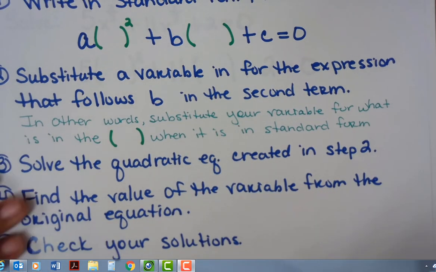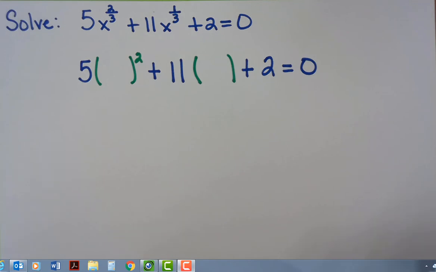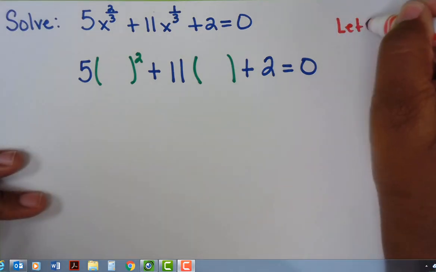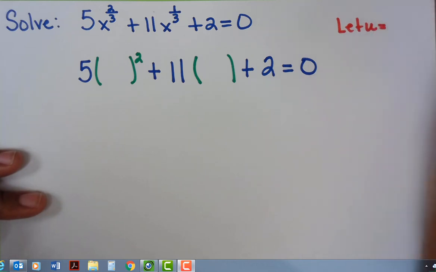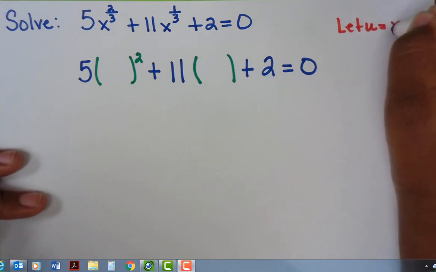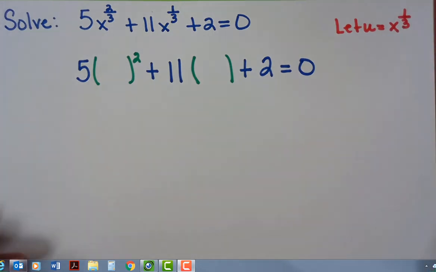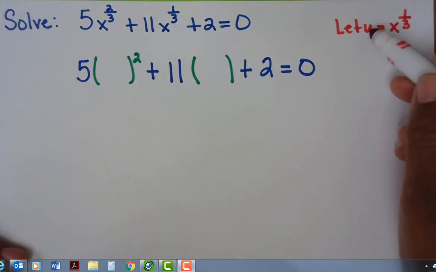Well, we're going to do that by letting u equal x^(1/3). Now, as we're using the variable u, you can use any variable.